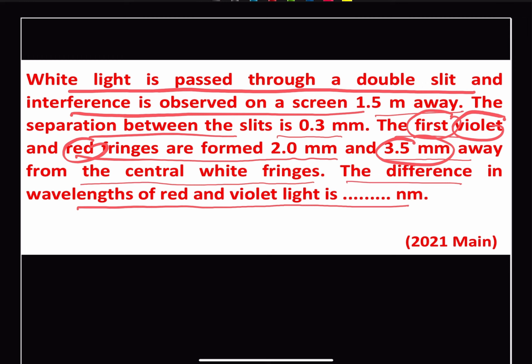So we are going to use the formula for the position of the bright fringe. Let us call this the position of the nth bright fringe.